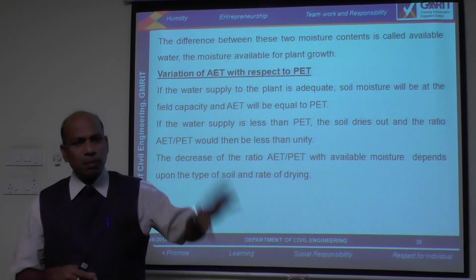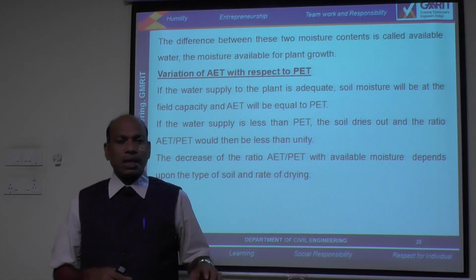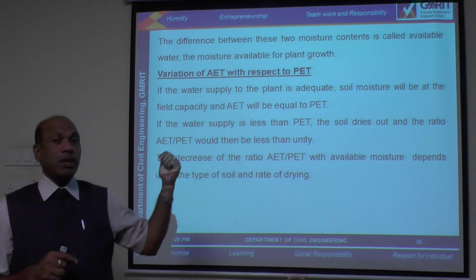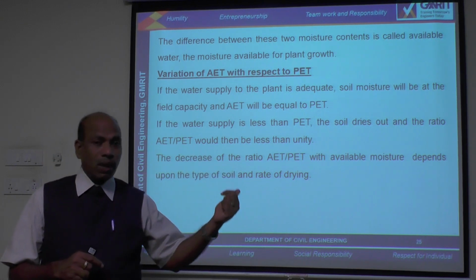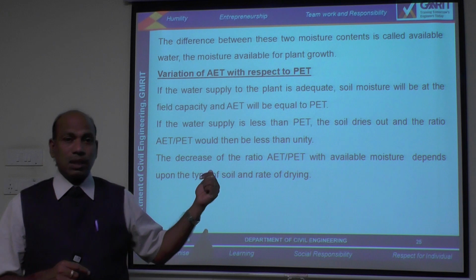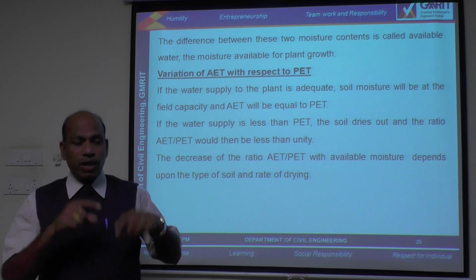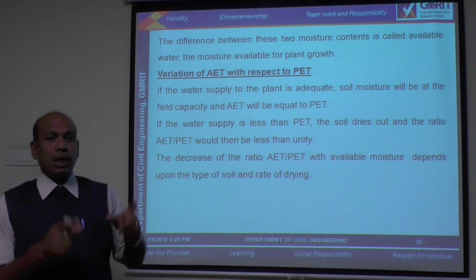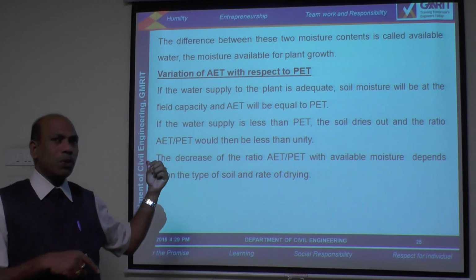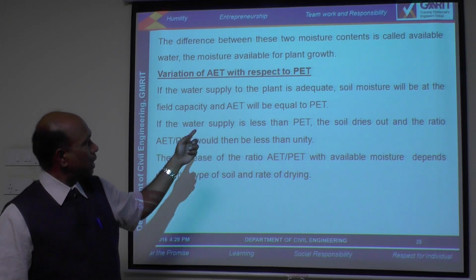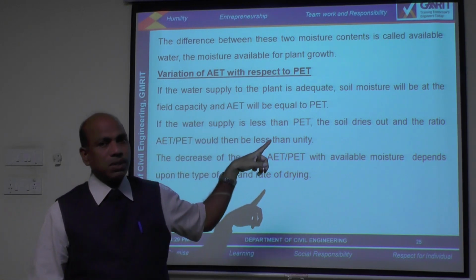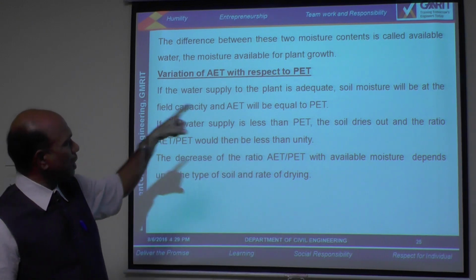At that situation, AET will be equal to PET. You know the definition of PET? PET is the maximum quantity of water available to sustain plant growth. So AET equal to PET means sufficient water is available in that condition.